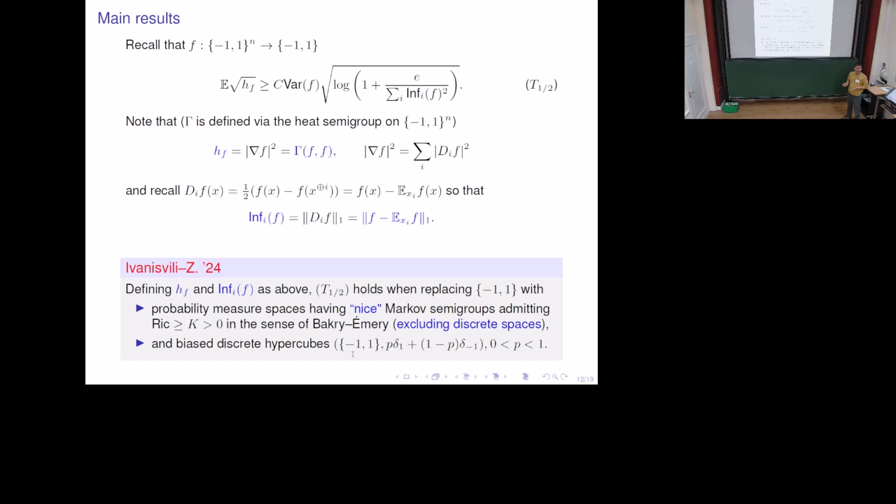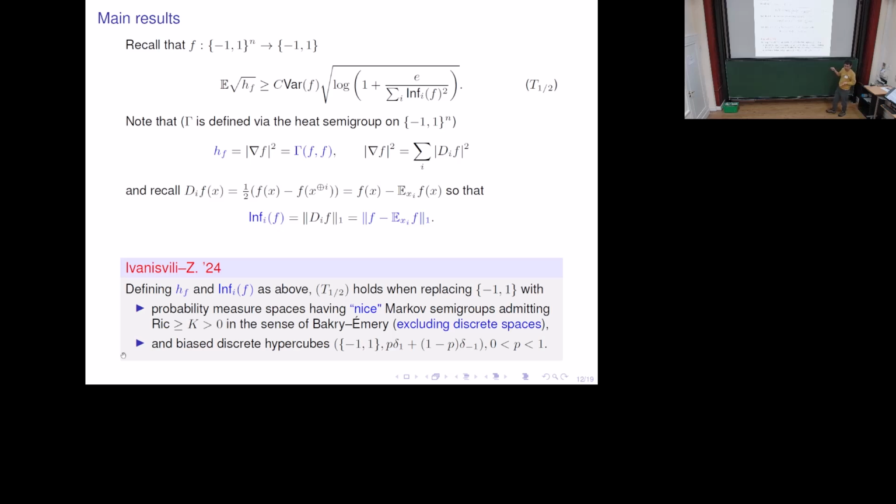Any question about the main result? So no gamma 2? The gamma 2 is implicitly contained in this Ricci lower bound stuff. No, in the second one. I will explain this in a second why we do not talk about this in terms of Ricci stuff or gamma 2 stuff. On one hand, you can verify that gamma 2 is still satisfied for this biased discrete hypercube, but that is not the reasoning that we have this result.